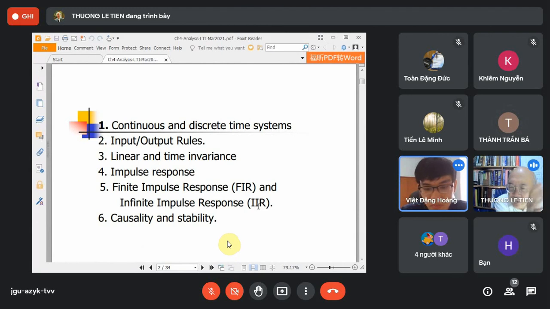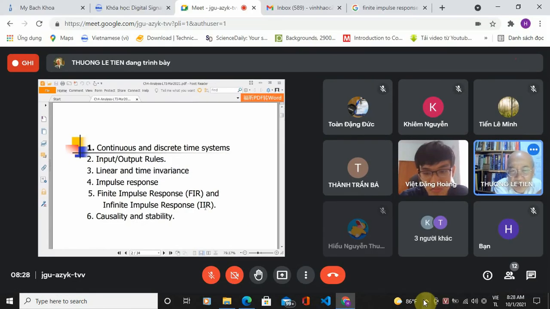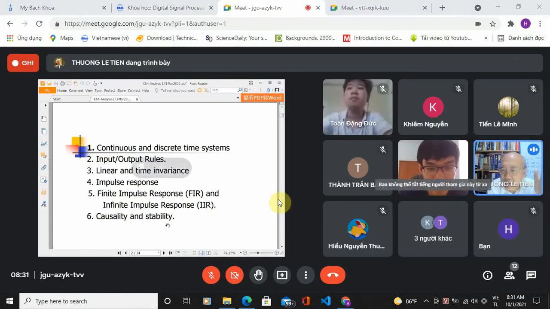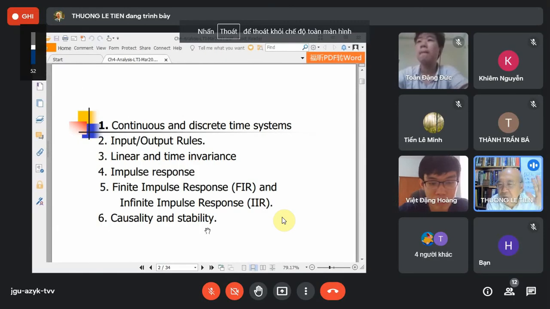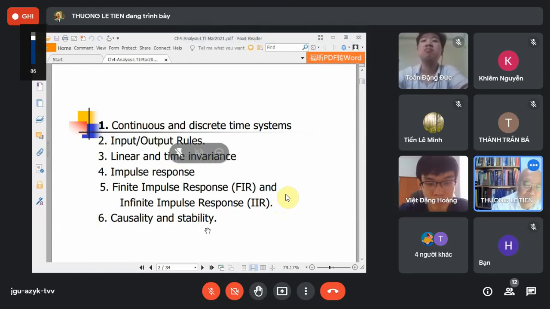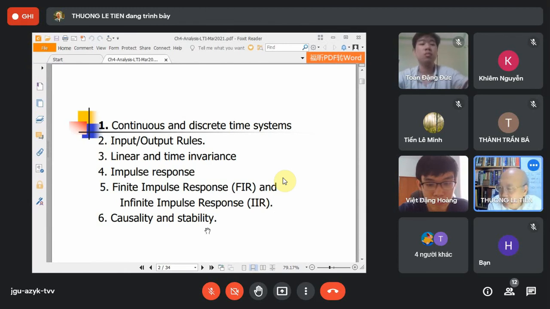The length of the impulse response vector is finite. Whereas an infinite impulse response one is related to the past and present samples. If you recognize it, we can apply it to tutorial number 4. I uploaded it to the e-learning. We can practice.